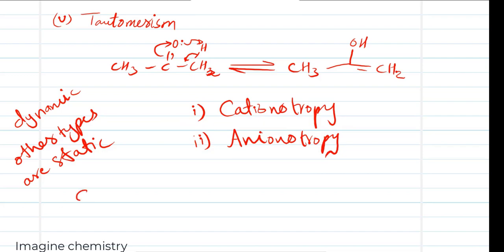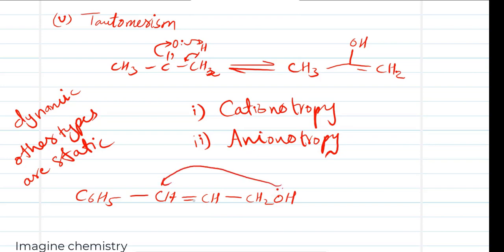Let's say we discuss an example over here. This cinnamyl alcohol. If this OH shifts over here, this bond will break from the oxygen. The other form can be written like this.